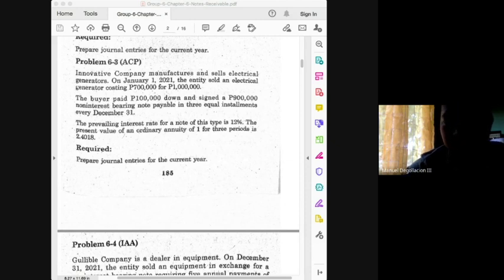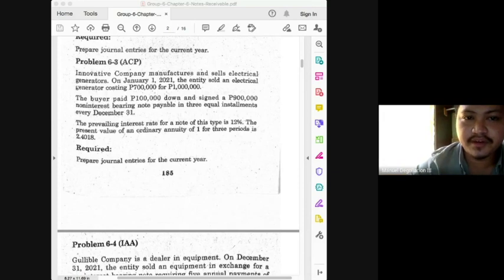to start with the face value, class. You start with the 900,000, and then you deduct the principal, the total payment, class. How much was paid for the first year? 300,000.